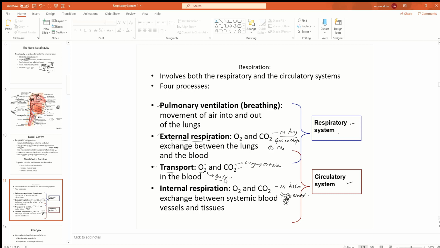And carbon dioxide always moves in opposite direction, so carbon dioxide from the tissue will go to the blood. So what happens in the tissue? The gas exchange, that is called what? Internal respiration. What happens in the lung? That is the external respiration. Just very simple. In the lung, external; in the tissue, internal. Okay.